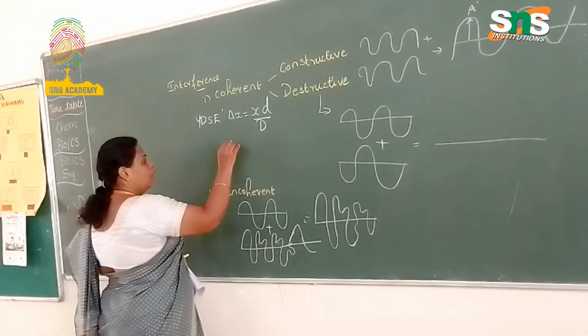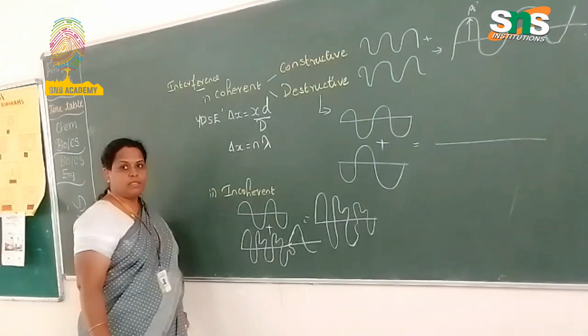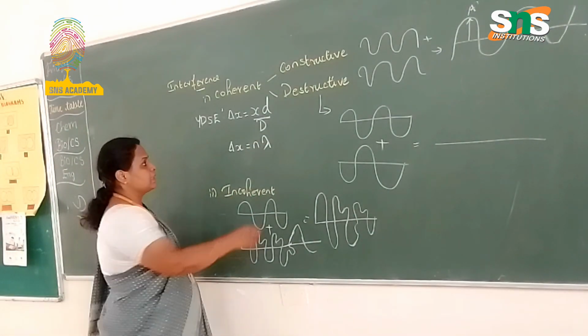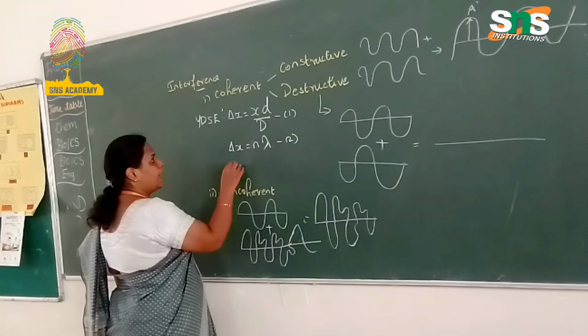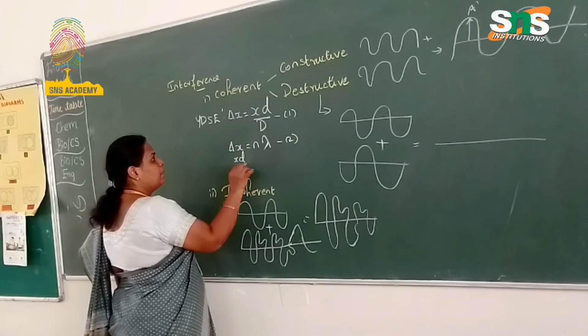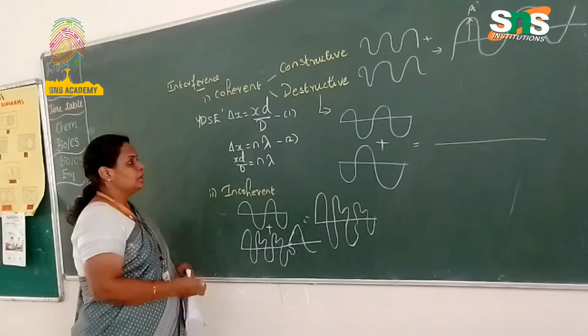We also know del x equals n lambda, which is the equation for constructive interference. If we compare 1 and 2, I can write x d by D equal to n lambda.